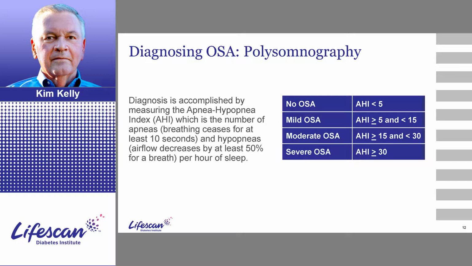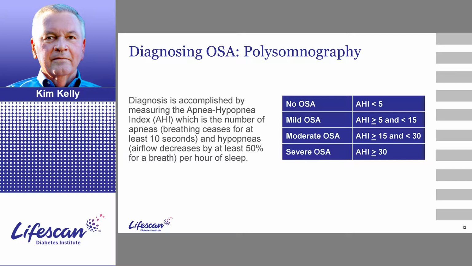So that has led to the development of home sleep apnea testing, which we'll go over in a minute. The categorization of obstructive sleep apnea is something called the apnea-hypopnea index, the number of apneas where you stop breathing for at least 10 seconds, and the number of hypopneas where airflow decreases by at least 50% for a breath per hour of sleep.